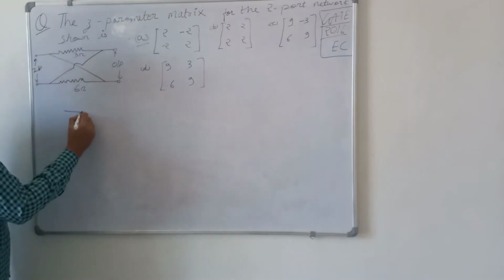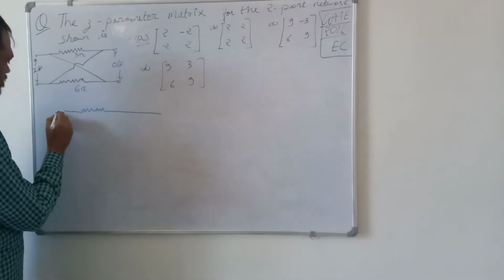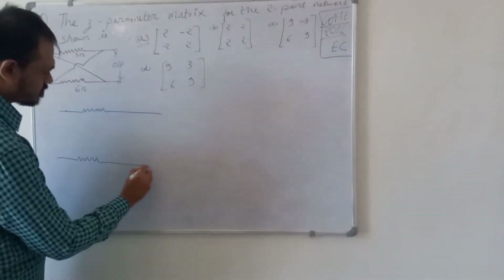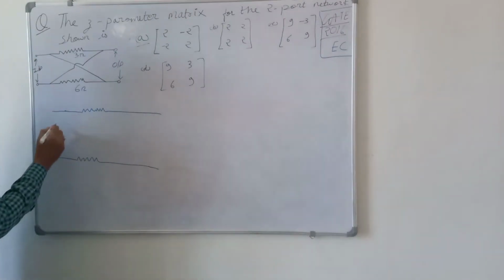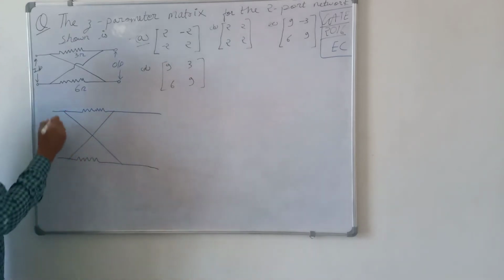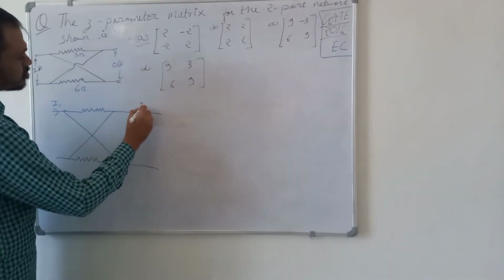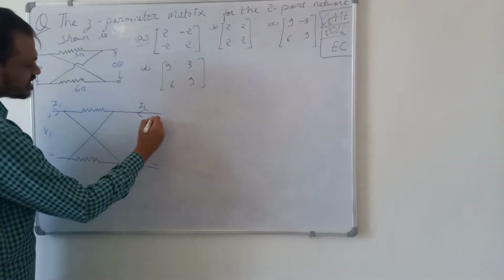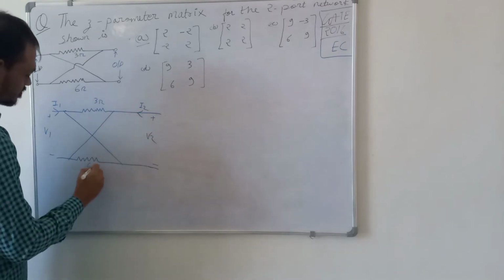So we can redraw this network. So this current is I1, this current is I2, this voltage is V1, this voltage is V2, this is 3 ohm, this is 6 ohm.